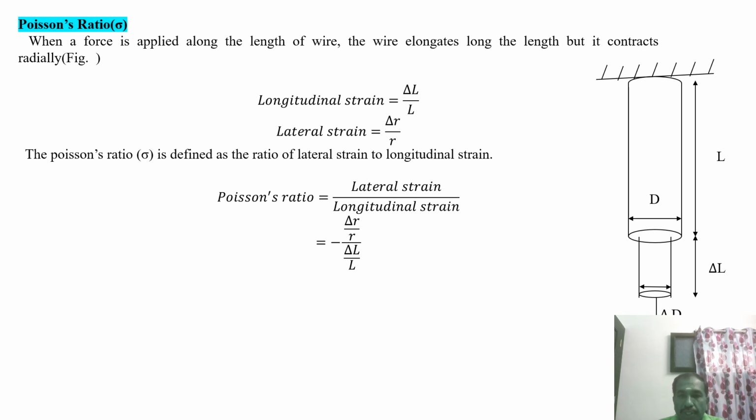That type of change is called the lateral strain. What happens in the straight way is called the longitudinal strain. Therefore, the Poisson ratio is nothing but the lateral strain to the longitudinal strain.